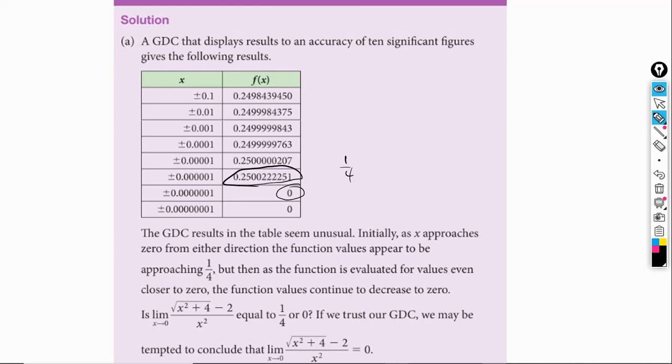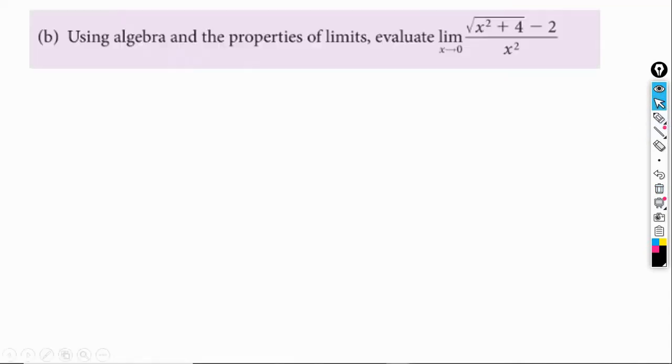Now, the interesting thing is that that's precisely what we have to find out algebraically in the next question, because the next question says, using algebra and the properties of limits, evaluate the limit of the function as x approaches 0. So that's what we're going to do next.